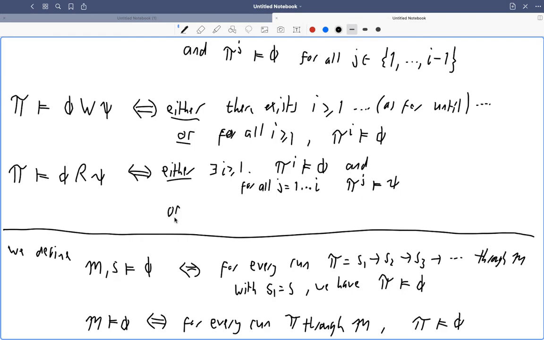Or for all k greater than or equal to 1, psi holds at k.